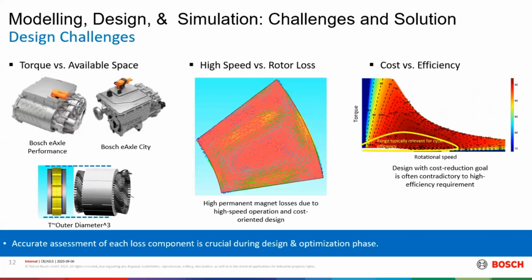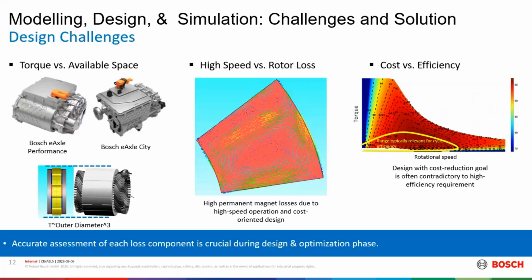This is due firstly to the cost-effective design, which means a highly saturated machine, and the high-speed operation range, plus most importantly the inherent configuration of magnets in the axial flux machine. So it is crucial when designing an axial flux machine to also simulate the eddy current loss.